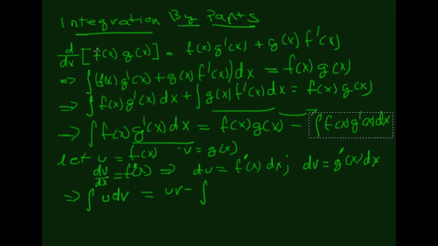Excise that, delete it. What should that say? All right, so that should say, what did we move over? We moved over the antiderivative of g of x times f prime of x dx. There we go. So g of x is v, f prime of x dx is du.